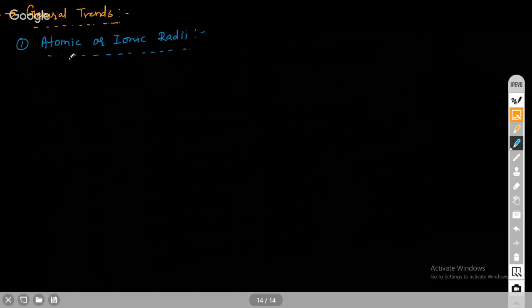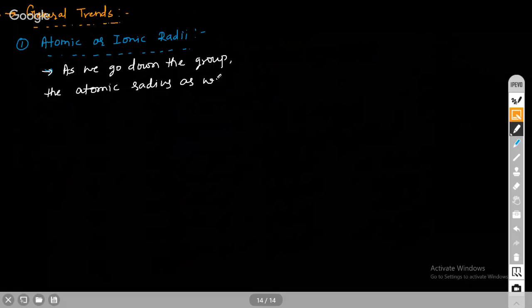You write down, as we go down the group, the atomic radius as well as ionic radius increases.